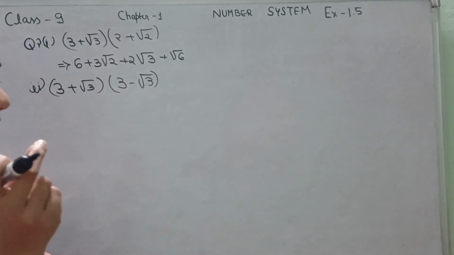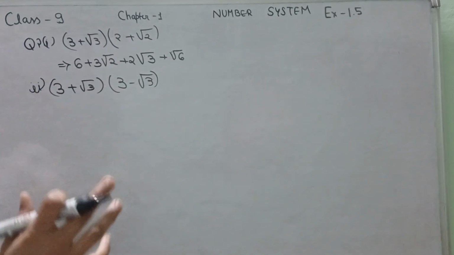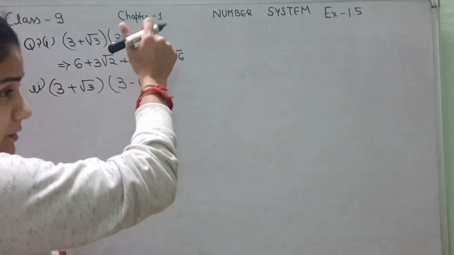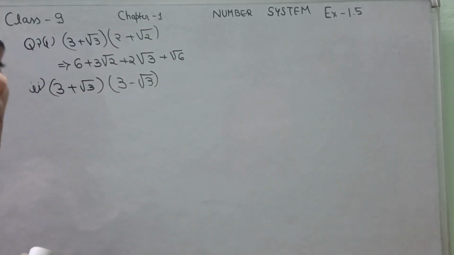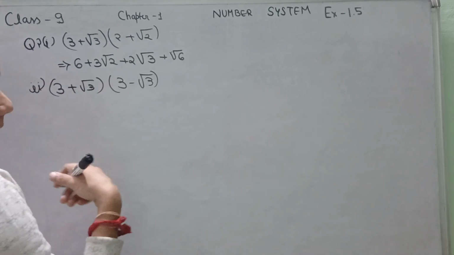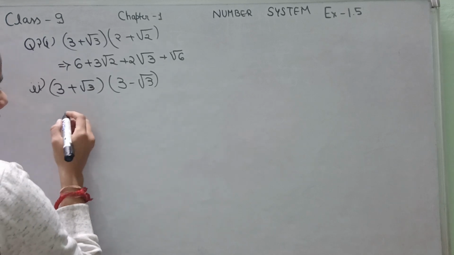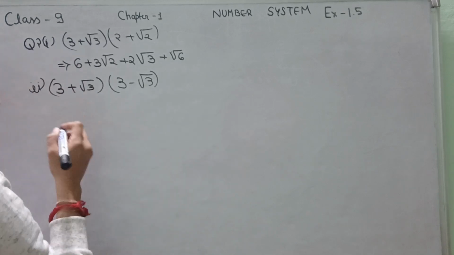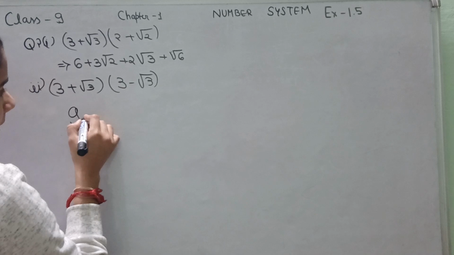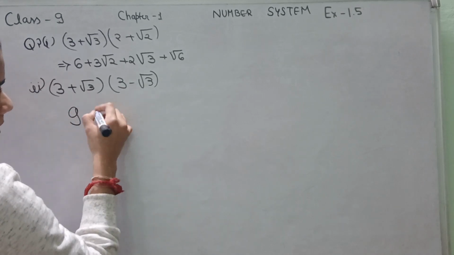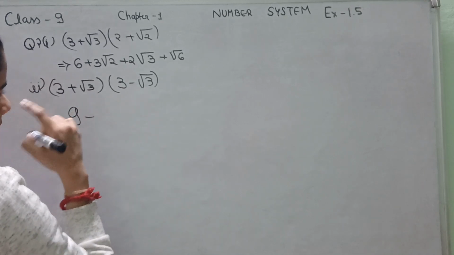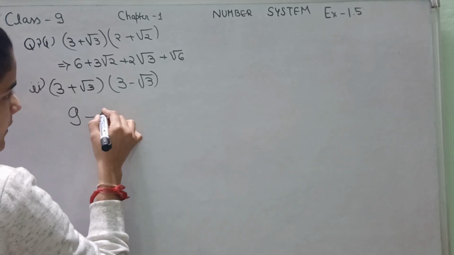So we can write directly, or by simplifying as I told you, this method, or directly by applying the identity. By directly applying the identity, we get a square minus b square, right?